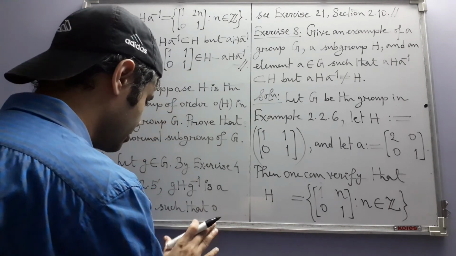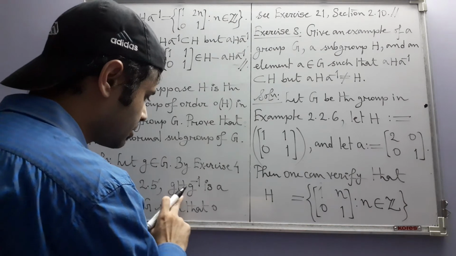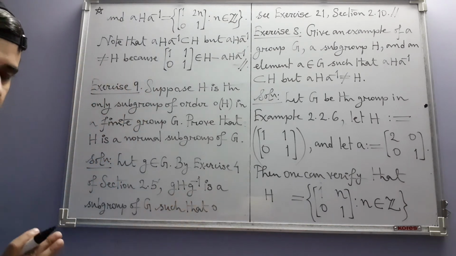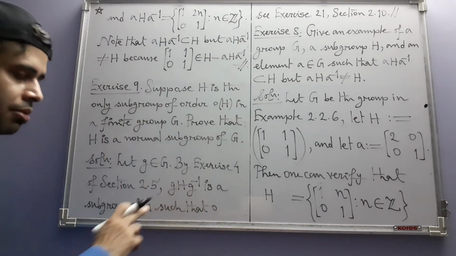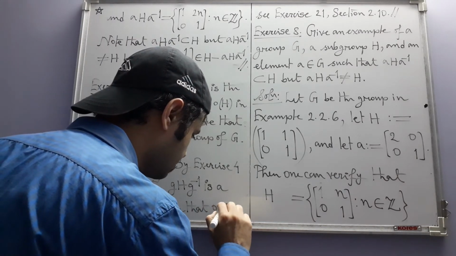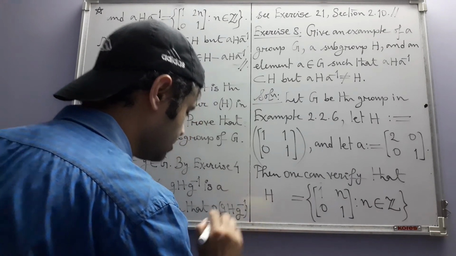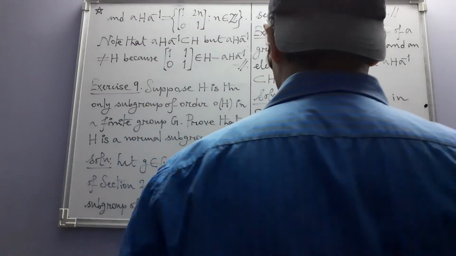So because of that finiteness and because of this exercise, we know that not only is this a subgroup of G, but it has the same number of elements as H has, that is order of g H g inverse is equal to order of H.